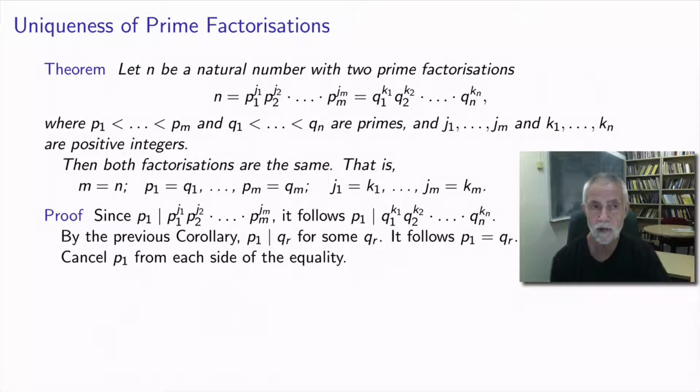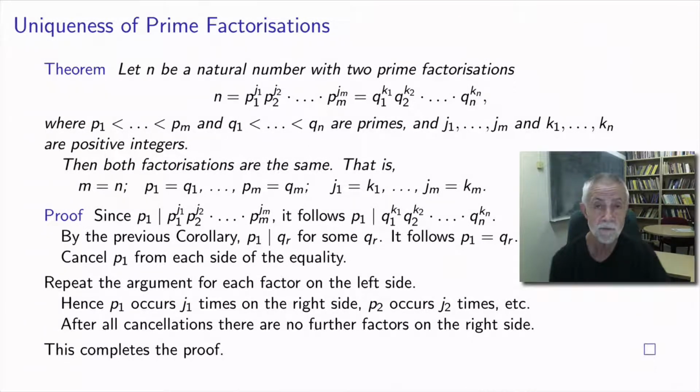Remember, the q's are prime. So if you have a prime dividing another prime, the two primes must be equal. So that means that p1 must equal one of the primes on the right side. In other words, p1 must equal one of the q's. So now we can just cancel p1 from both sides, and we have one less factor on each side.